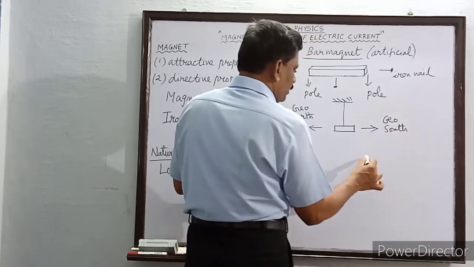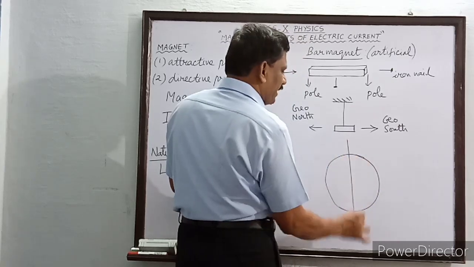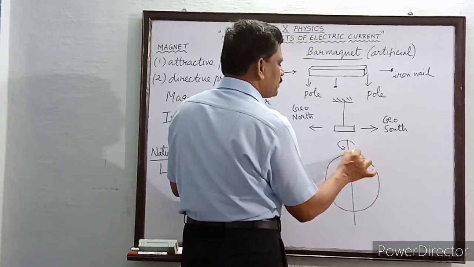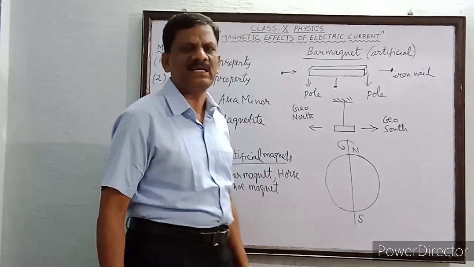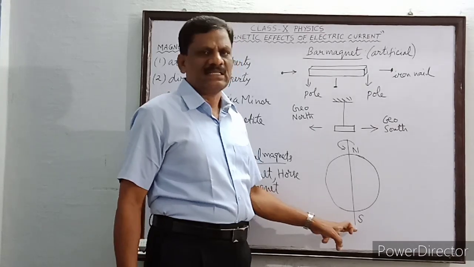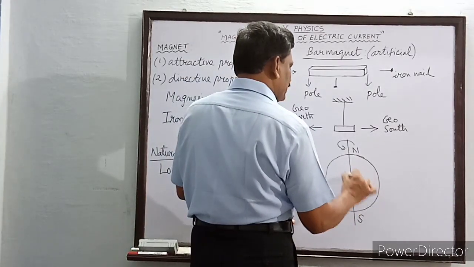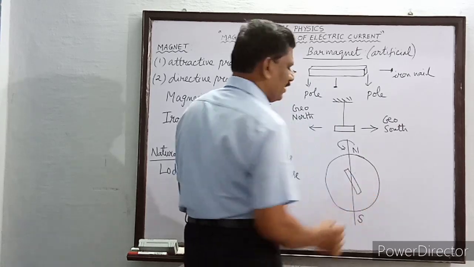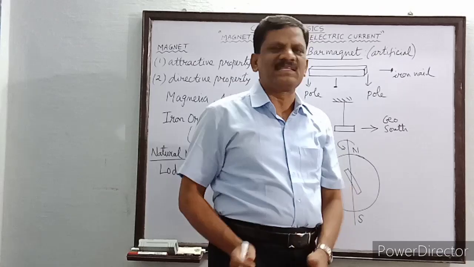Suppose this is the earth. The earth is spinning about an axis which is passing through the geographic north and the geographic south of the earth. So this north-south line is the axis of rotation of the earth. The suspended magnet will be pointing like this. It will not align itself exactly along the north-south axis.